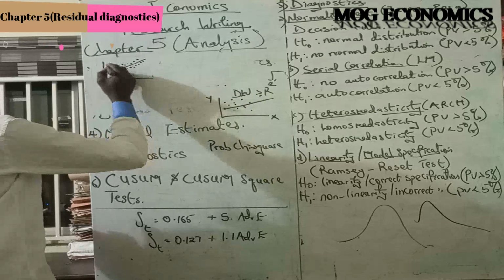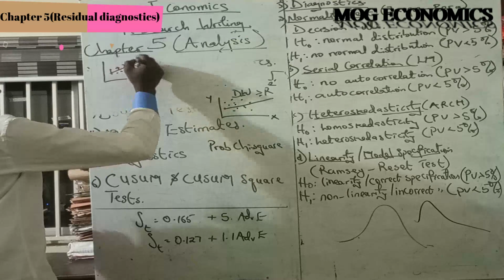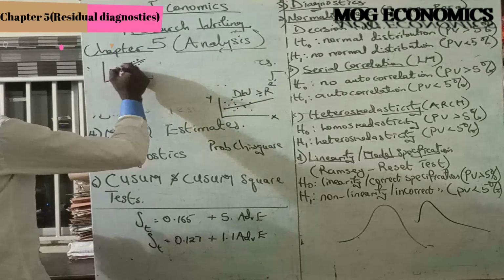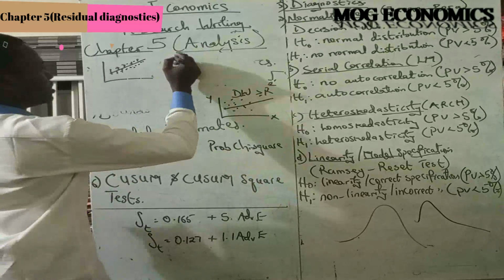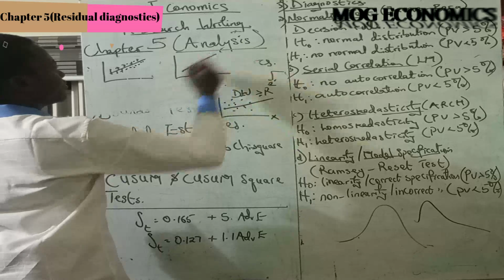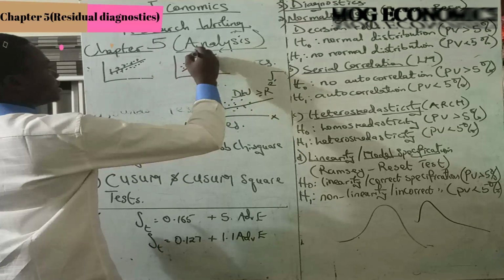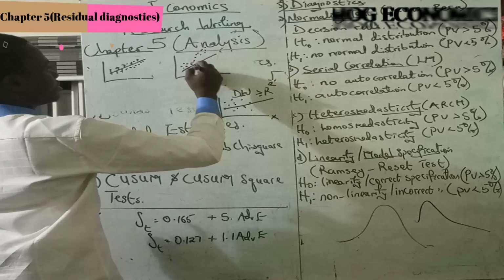The distance between each point is kind of constant. This is equal variance. But if they are heteroscedastic, this is your regression line, and the points tend to spread out like this.